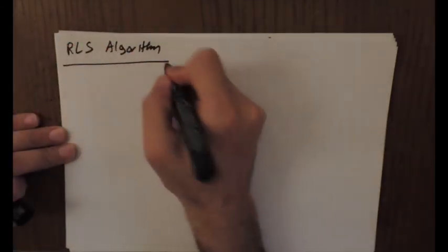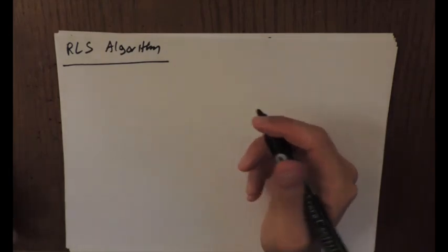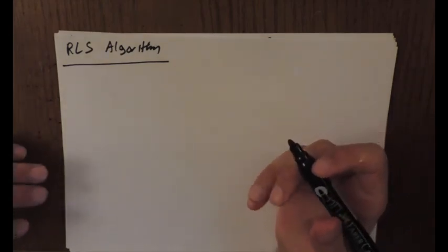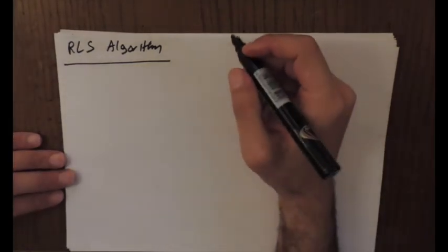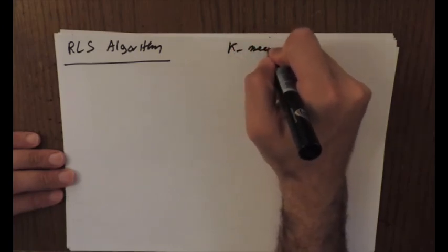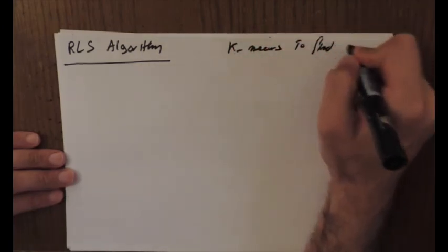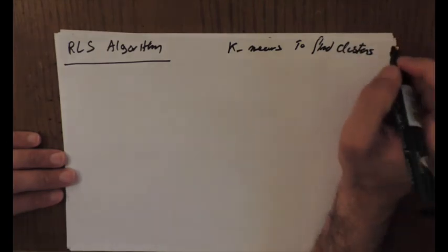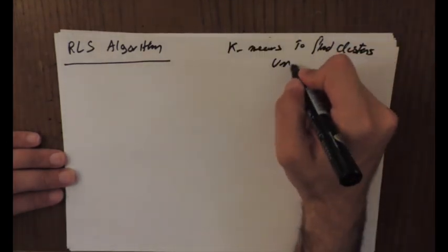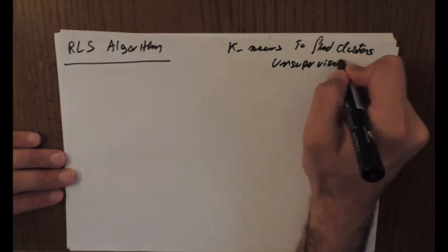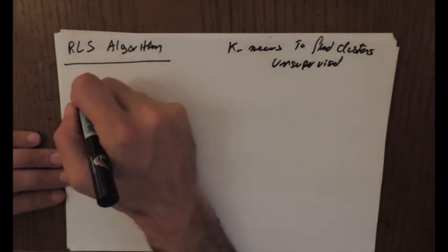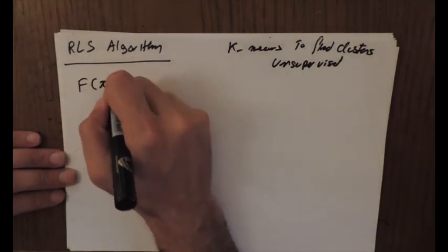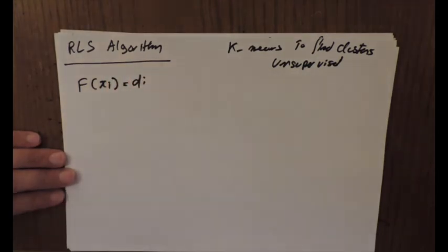In order to find the weight update, we need to find it in a way that minimizes the difference between the input and the output. So remember that we used K-means to find the clusters. However, this was unsupervised. However, I have a given function f of xi equal to di, so I need to find the weights that minimize this function.